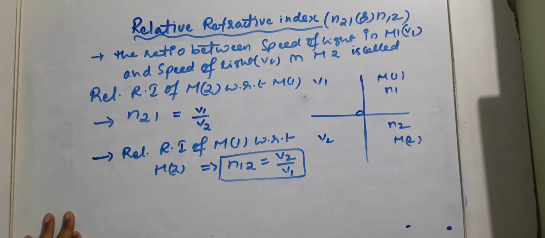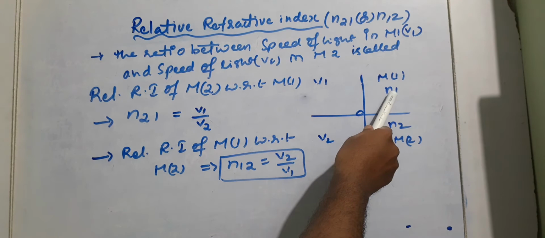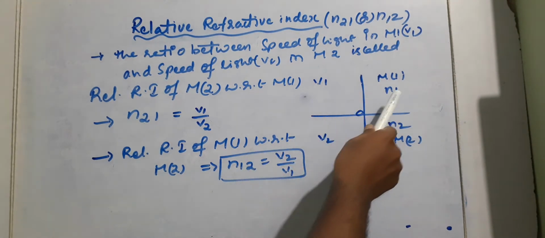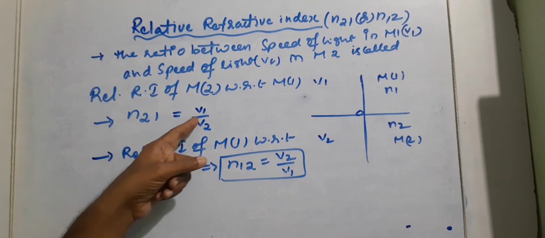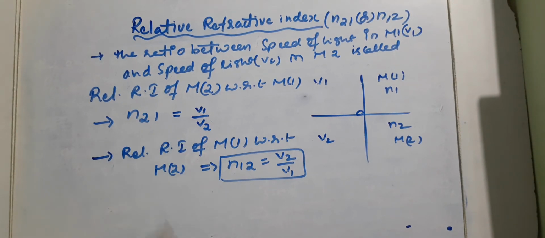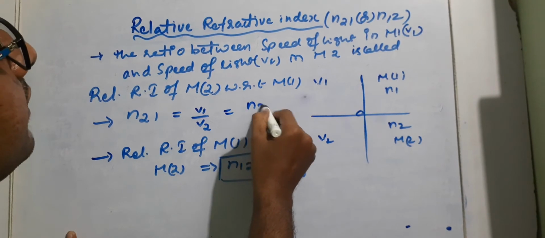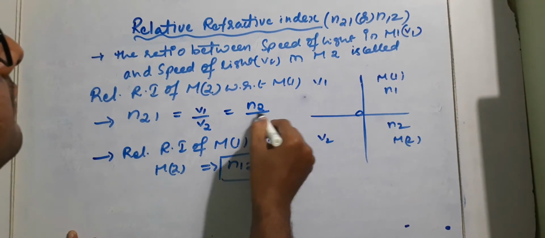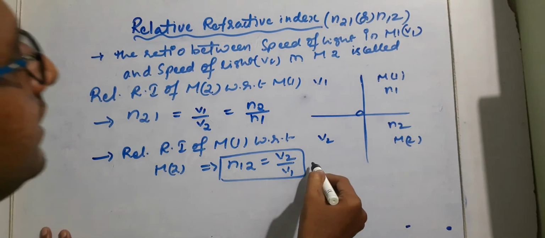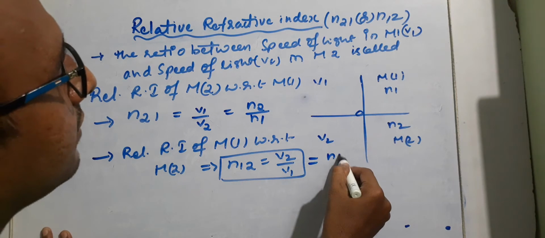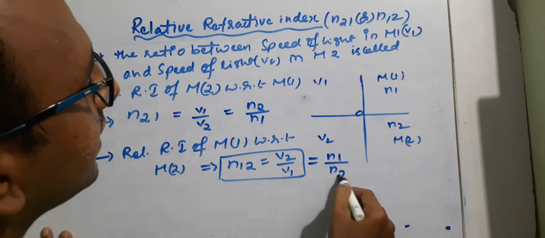Here we are comparing the refractive index of medium 2 with medium 1, and here we are comparing the refractive index of medium 1 with medium 2. So n21 is equal to v1 by v2 and n12 is equal to v2 by v1. This is also equal to the ratio between the refractive index of the second medium and the refractive index of the first medium, that is n2 by n1. It is also equal to the refractive index of the first medium and the refractive index of the second medium.